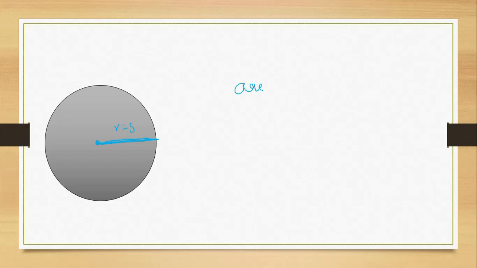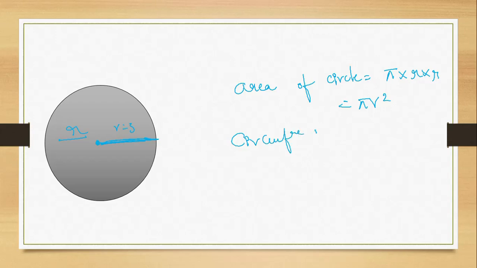So the area of the circle is pi into r into r, so the area is pi r square, and the circumference is 2 into pi r. This is the formula for the circumference of the circle, and pi r square is the area of the circle.